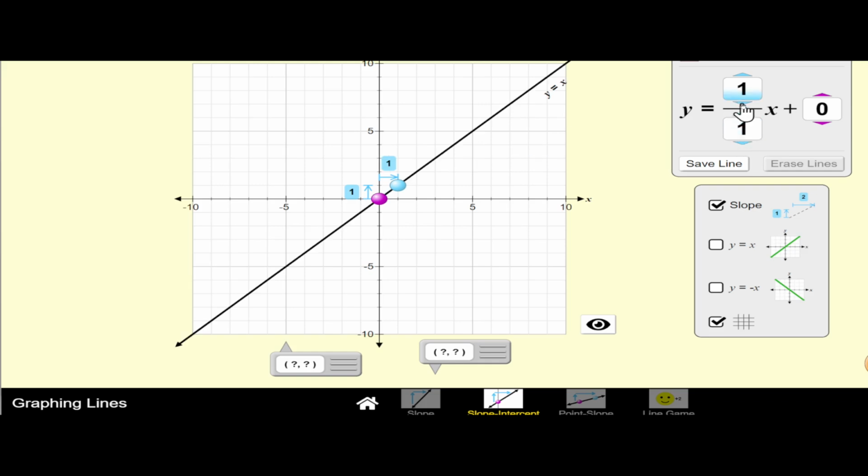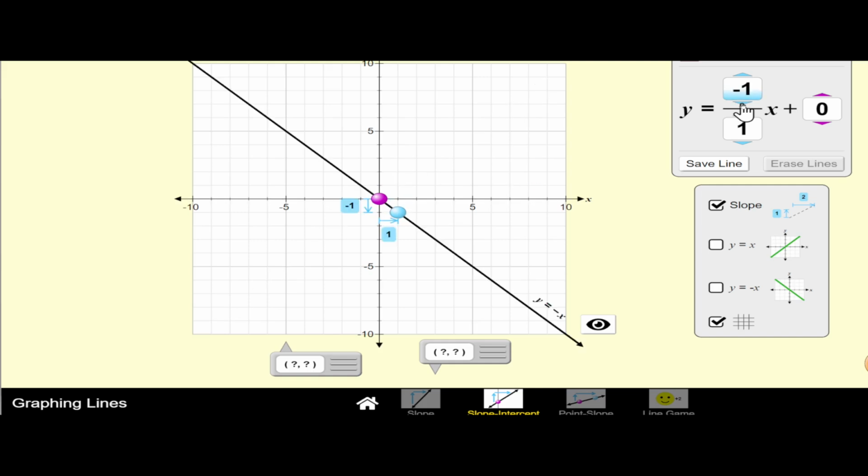What about, though, if this becomes a negative number? Well, then it slopes the other way, and this is called a negative slope, a negative gradient. If m is a negative number, it will slope downwards from left to right.